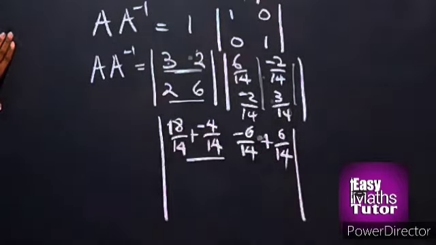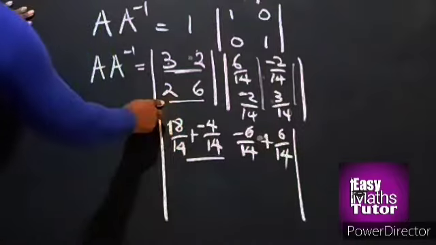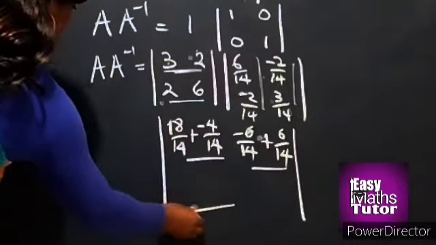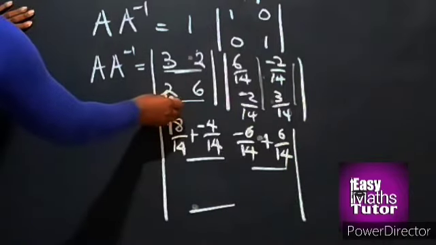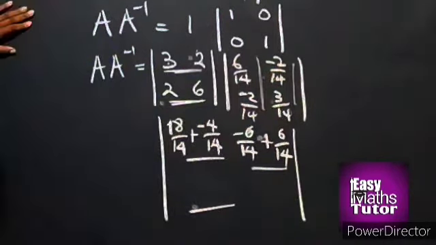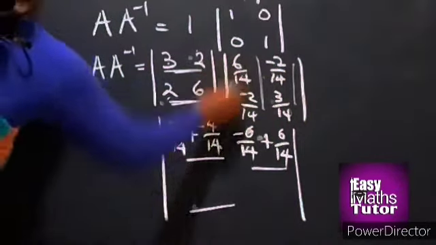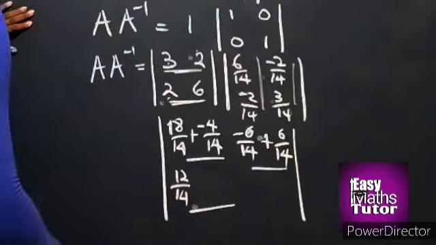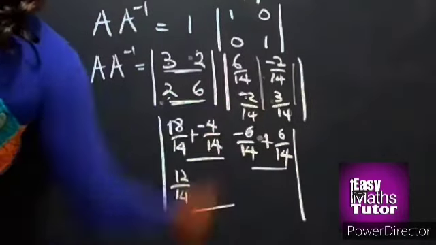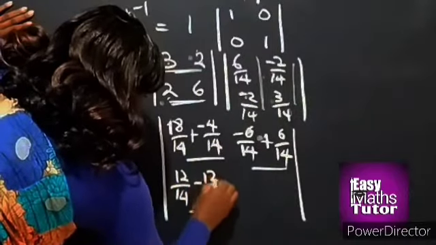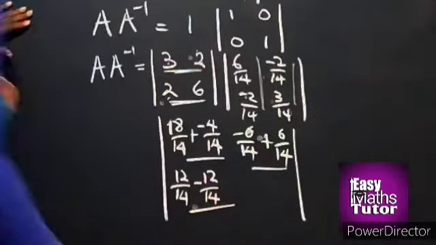Hope you're getting me. Now the next element will be gotten by multiplying this line by this line. So 2 times 6 will give you 12 over 14, and 6 times minus 2 over 14 will give you minus 12 over 14.